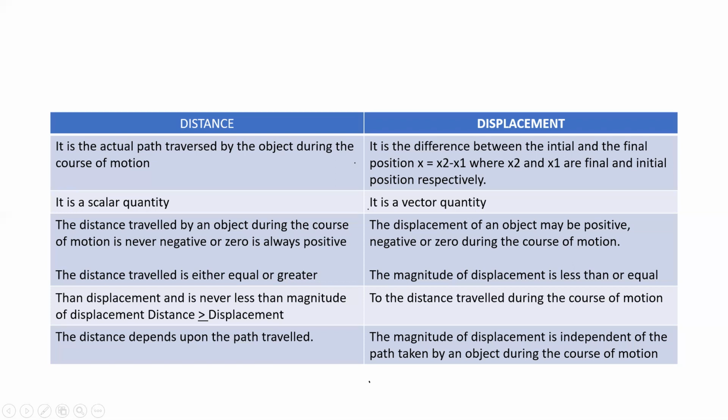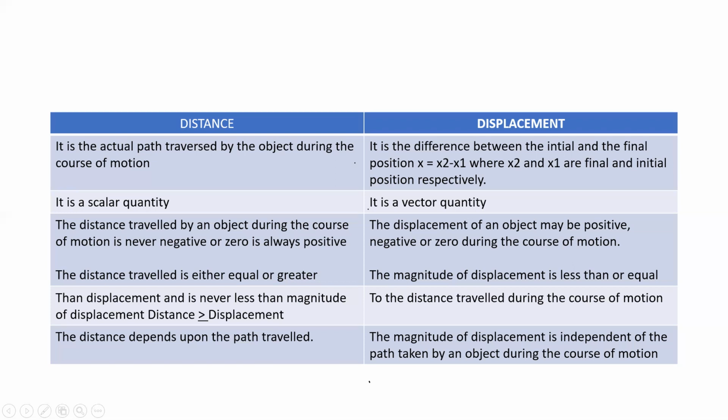The distance traveled by an object during the course of motion is never negative or zero, it is always positive. As I told you in the previous slide, distance can never be zero. But displacement may be zero, positive, or negative based on the motion.